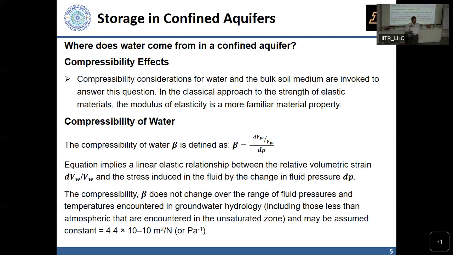So the solid soil skeleton, the entire aquifer as a bulk, will compress a little bit. The solid soil particles themselves are not going to compress because they are relatively incompressible. But overall, the particles will rearrange a little bit so that you have a small amount of compression. And that is where the water is going to come out.